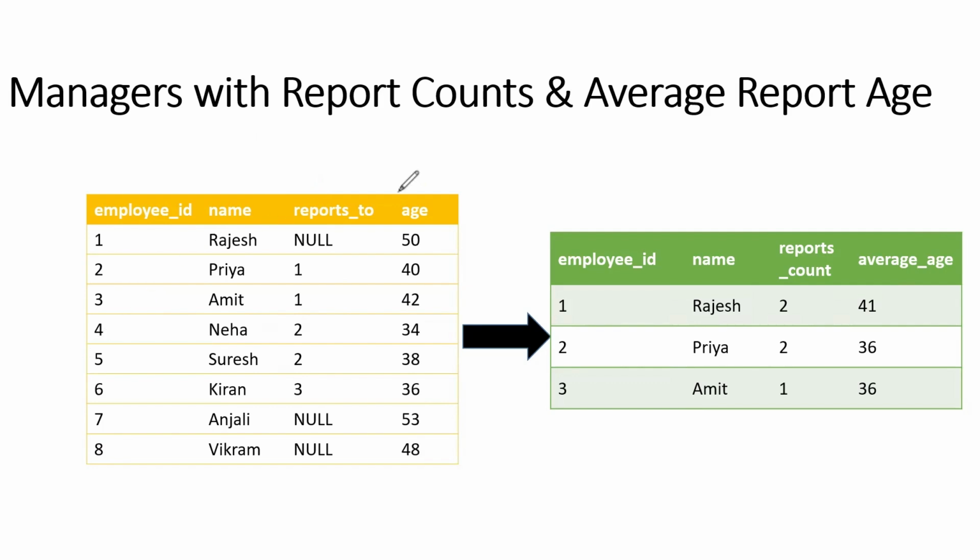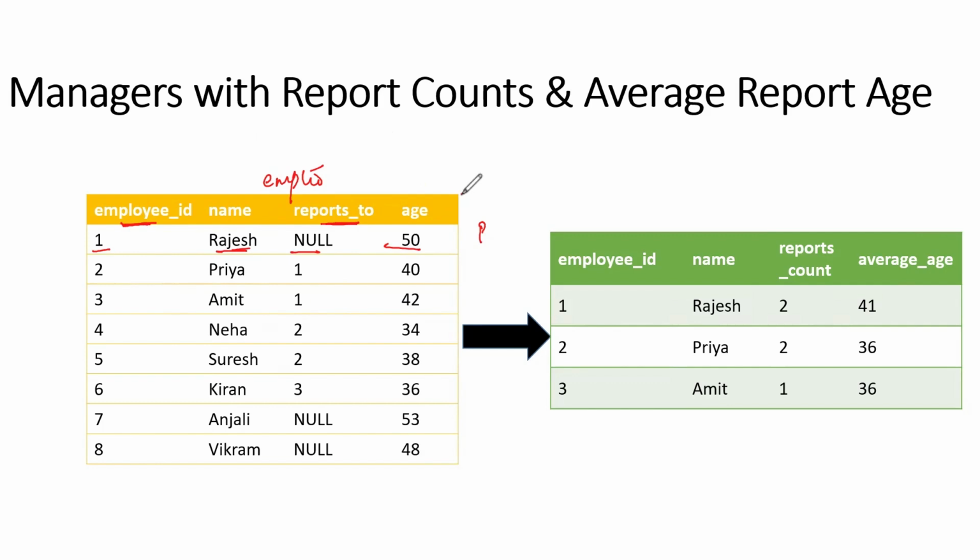Okay, now in order to solve this question, we are going to join the employee table to itself on the employee ID and report to column. So what I mean to say is, okay, Rajesh is reported by whom?